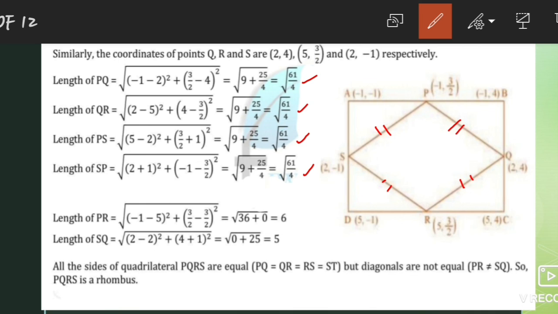It is not necessary for a rhombus that the diagonals be equal. If the diagonals are equal, then it will become a square or a rectangle.